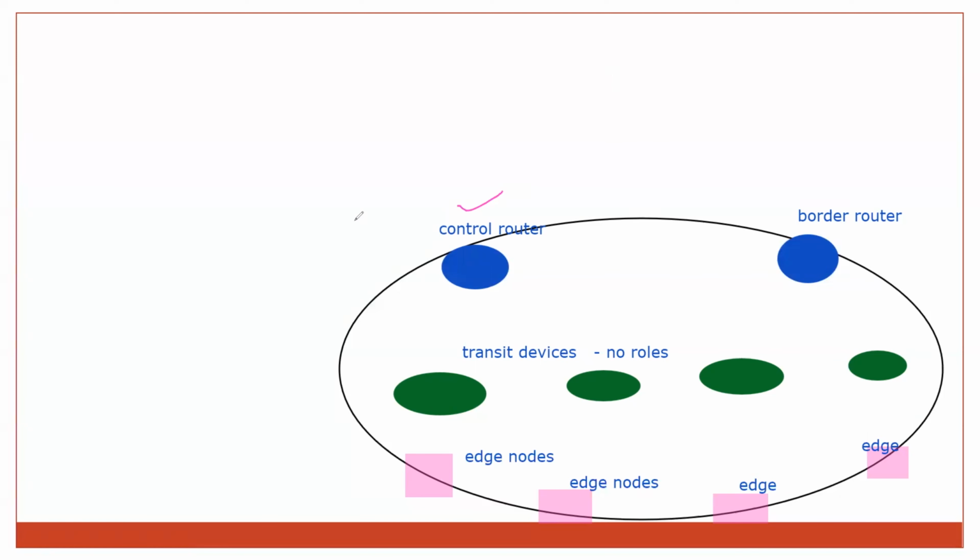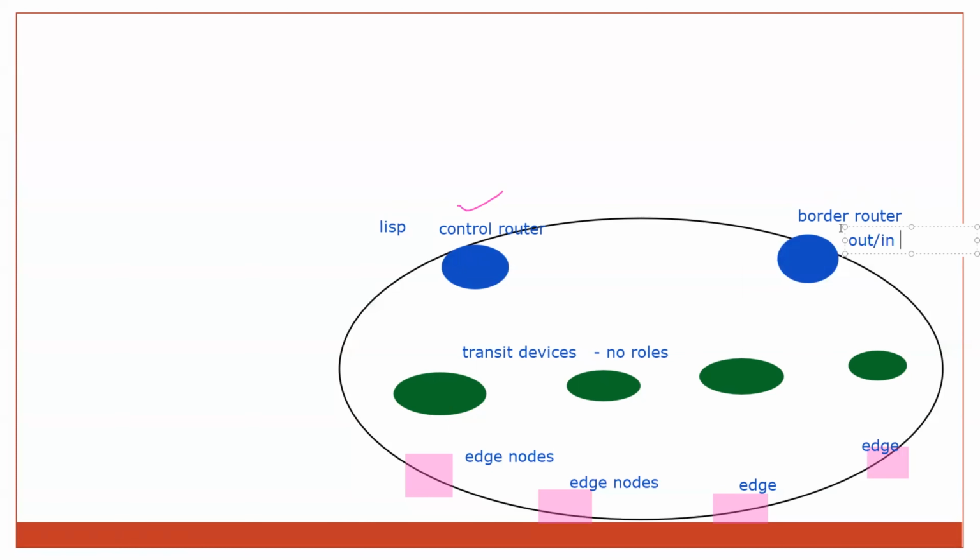Why is this control? Because here you have to define the routing control plane, that is LISP, Locator ID Separation Protocol. Why is this border? Because from here you can go out to the other sites or to the internet. So you are defining this as a border router.